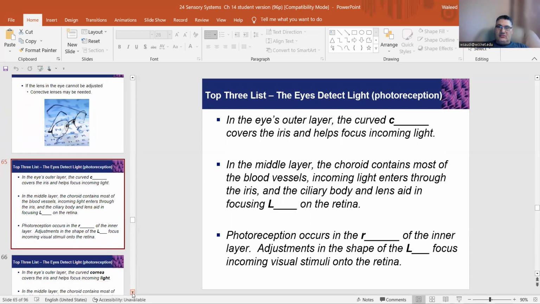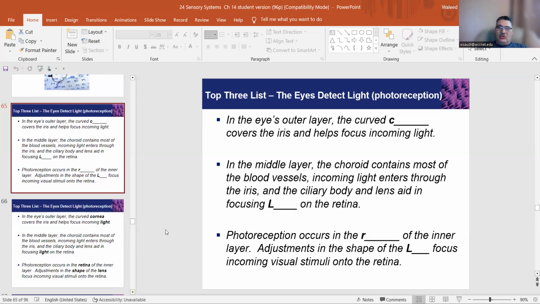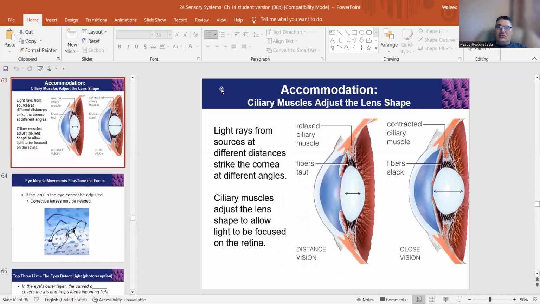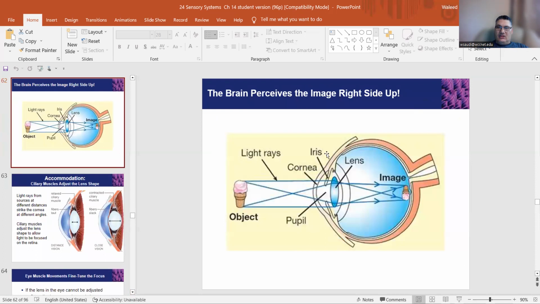The middle layer is called choroid. And this area will contain blood vessels, and it will prevent the light from coming from different sources. So it's like this. Look at this. This is the outermost, which is the sclera, under which you have the choroid.